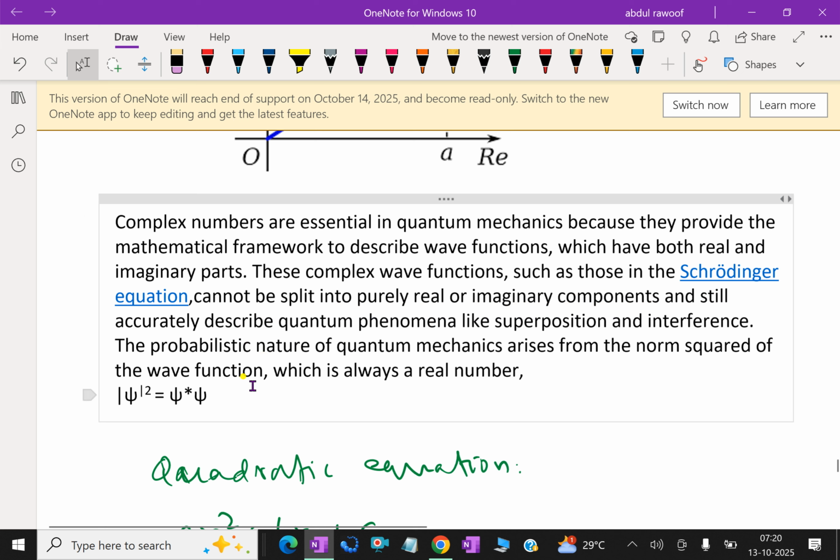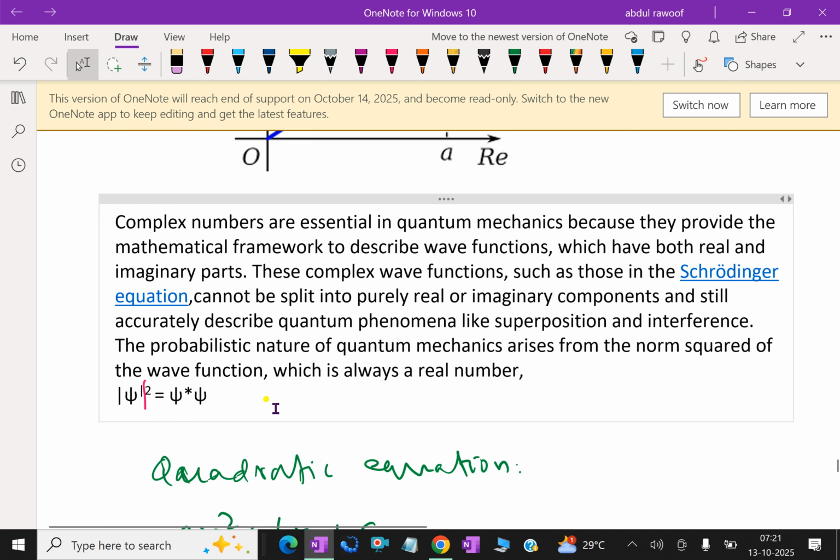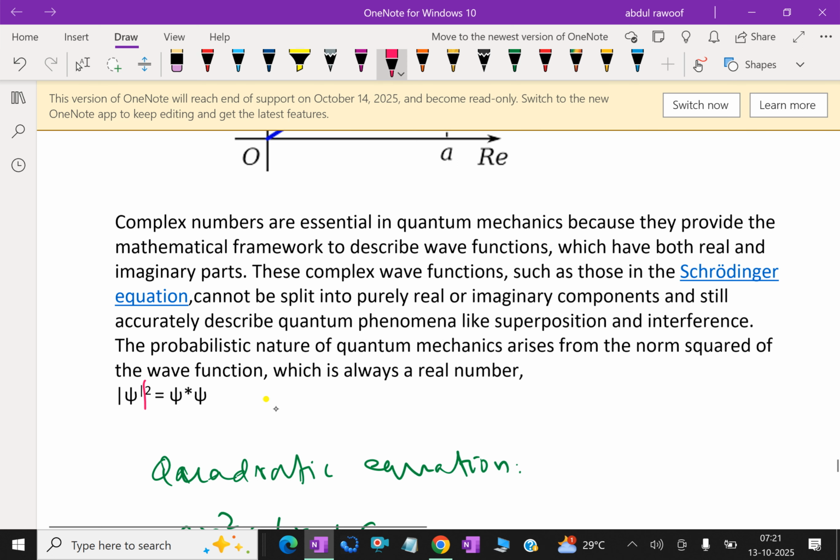The probabilistic nature of quantum mechanics arises from the norm squared of the wave function, which is always a real number. That is, the modulus of psi squared equals psi star into psi.